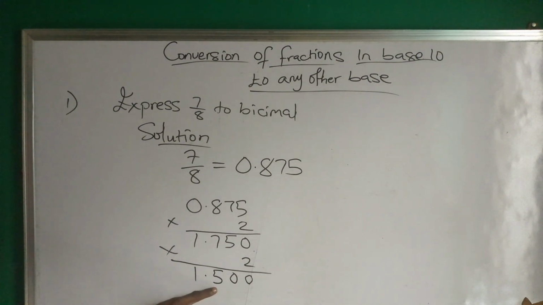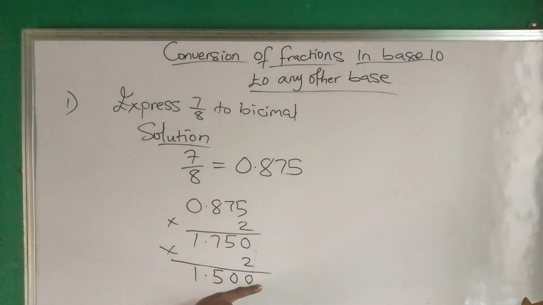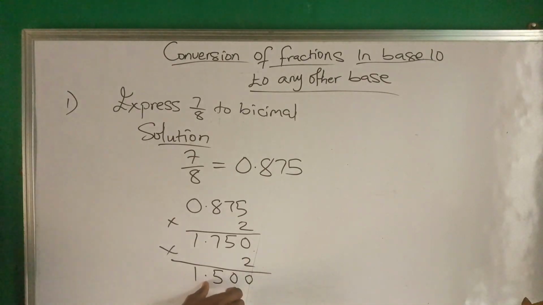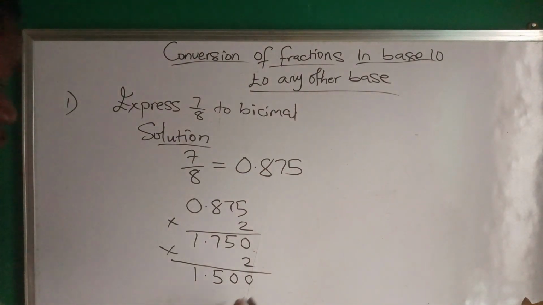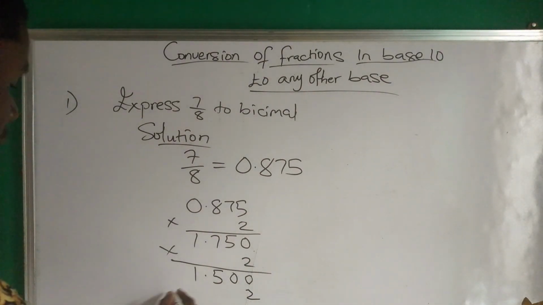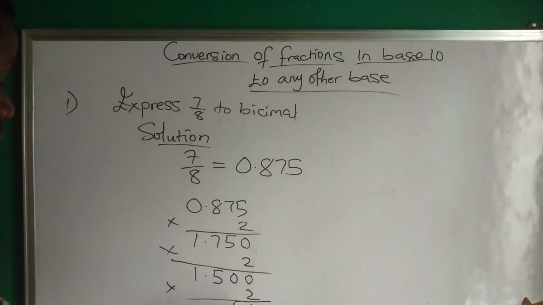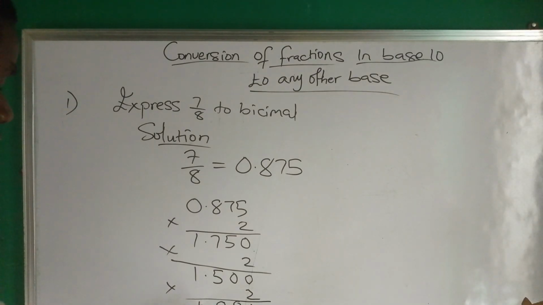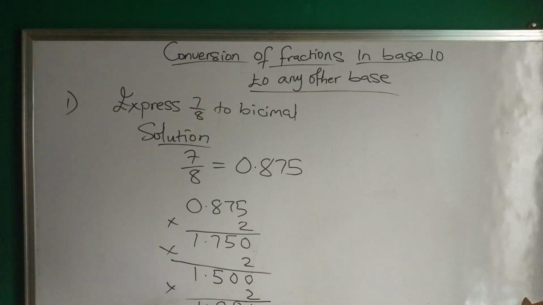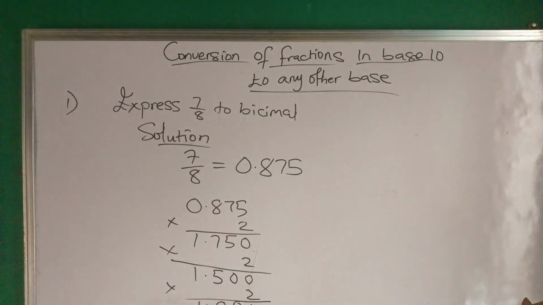Until we have 0 all through after this decimal, that's when we'll stop. So we'll multiply by 2 again. So 2 times 0, 0, 2 times 5, 10, write 0, bring 1 here, 1. At this point we can see that everything we have after the decimal point is 0. So this is where we end our multiplication.